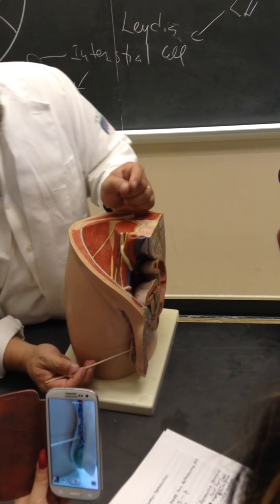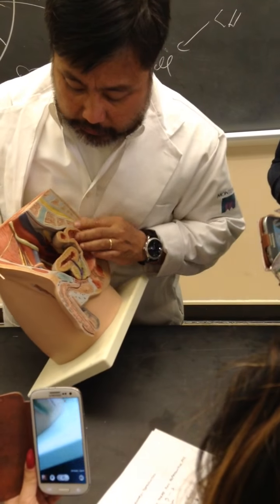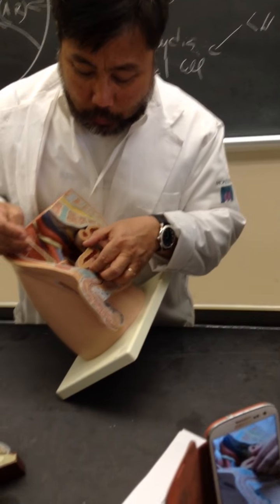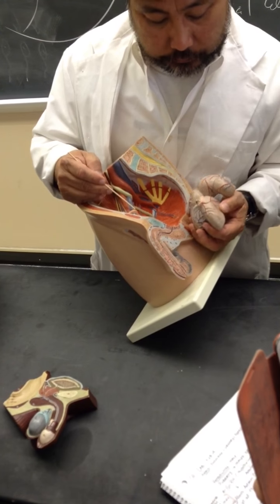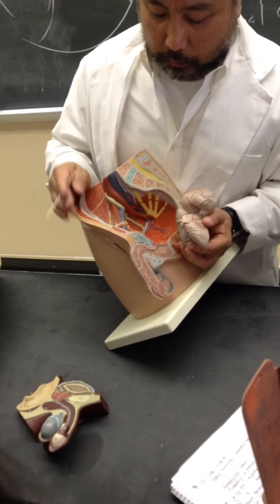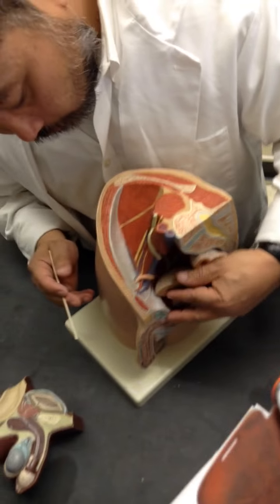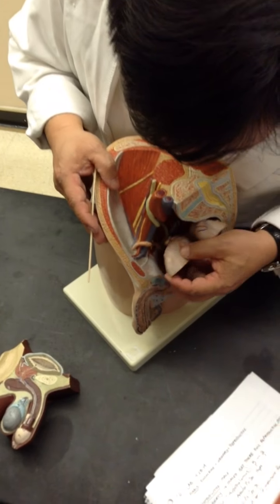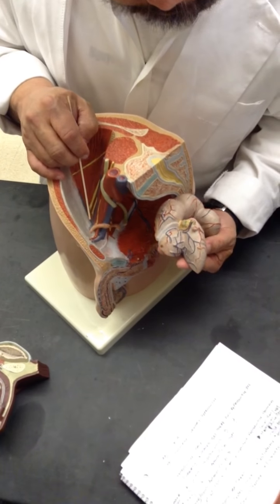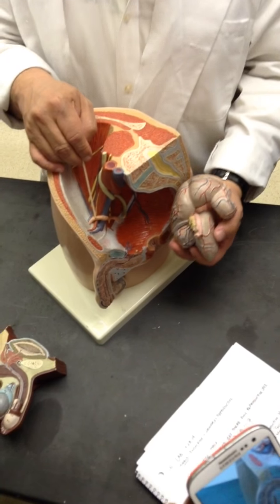When the spermatic cord comes up, as you can see here, this orange color right here is the vas deferens, or ductus deferens.